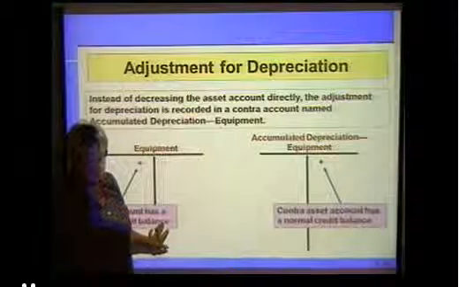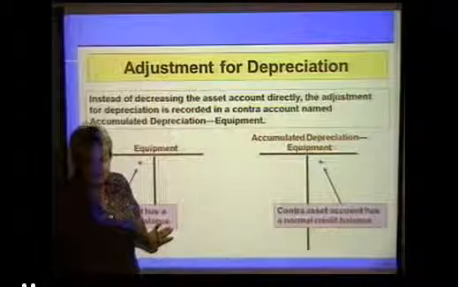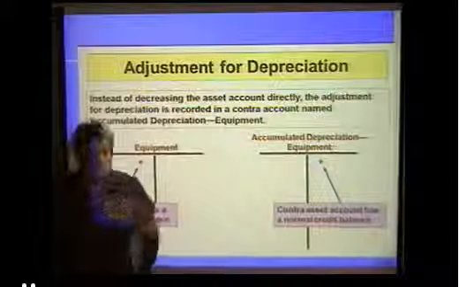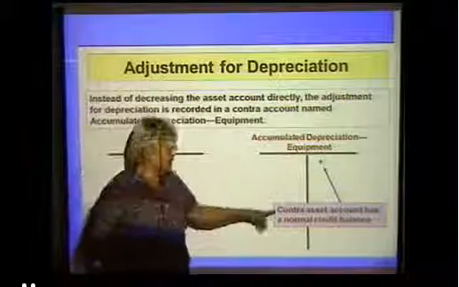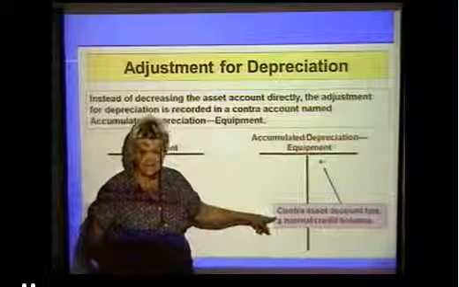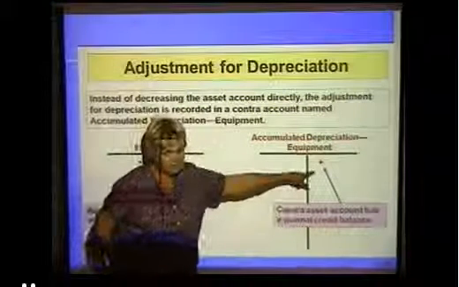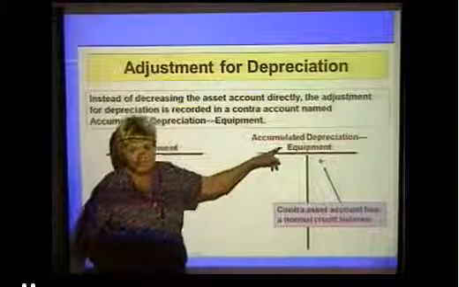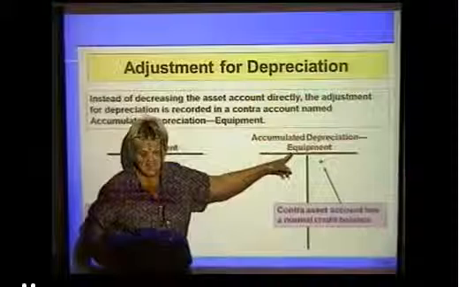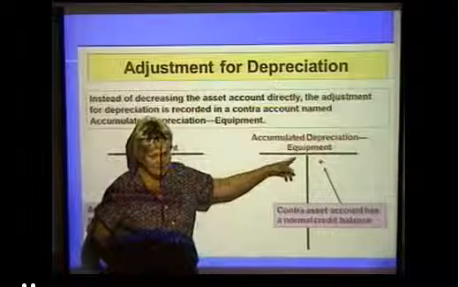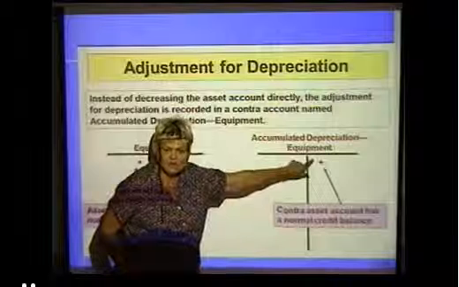As we're making these adjustments each month, we have a contra account, meaning it has a contra or different balance from the asset, since it has a credit balance. It's called accumulated depreciation on our equipment. It's accumulating that depreciation each month. So the first month it would show $183, the next month we're adding another $183, so it's accumulating all that depreciation as we're taking it each month.